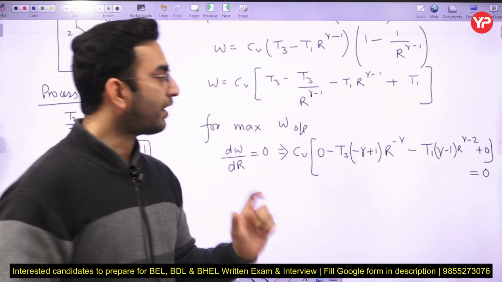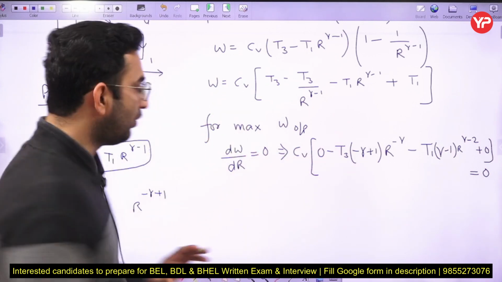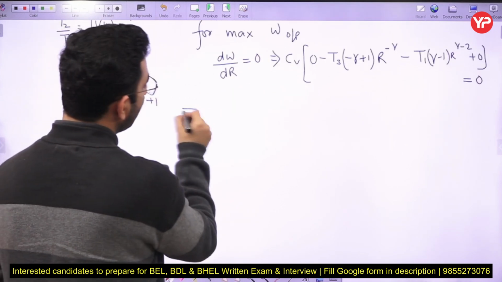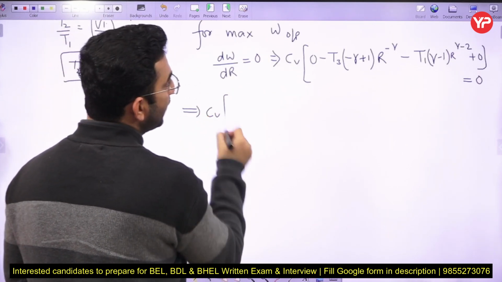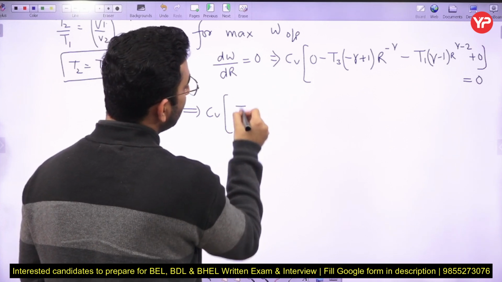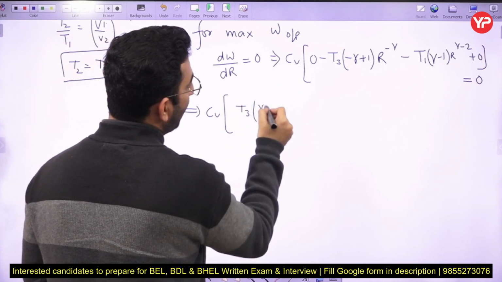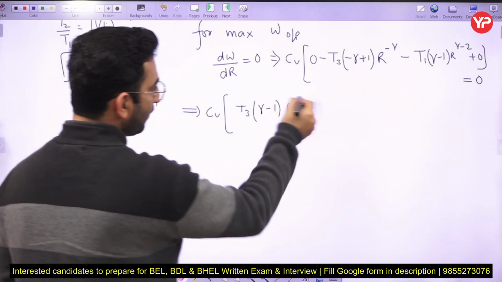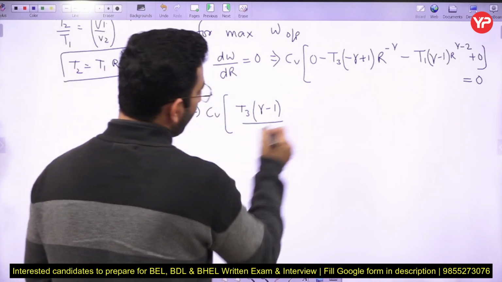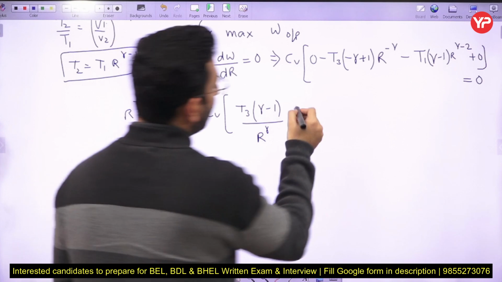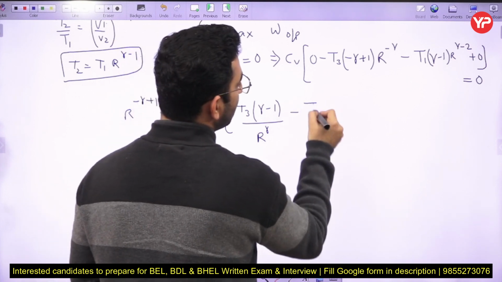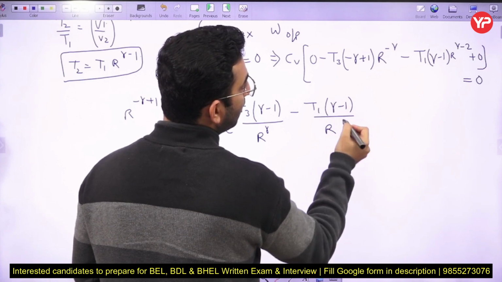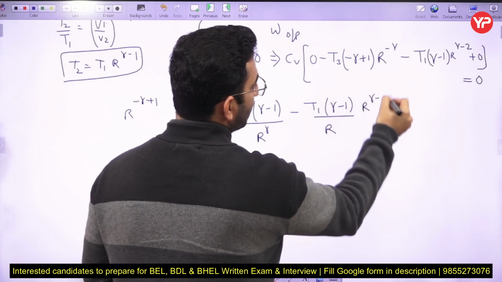equation you have to calculate the value of R. So if I simplify it further, you will see the answer is coming out to be T3 gamma minus 1 R divided by R to the power gamma is going to be equal to minus T1 gamma minus 1 R to the power gamma minus 2.